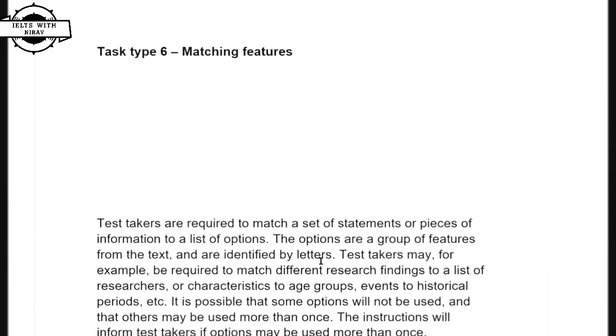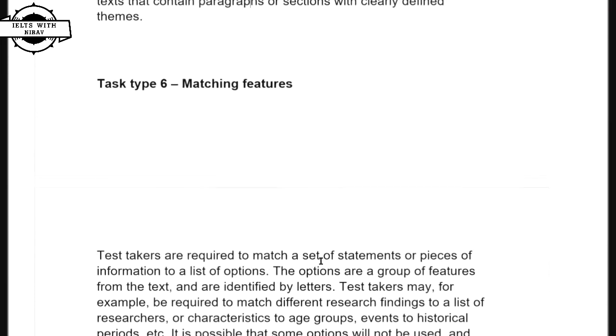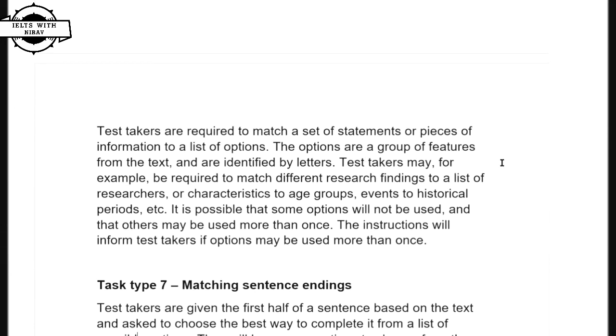So now we are moving to type 6. Type 6 is matching features. Test takers are required to match a set of statements or pieces of information to a list of options. In that case, you will have multiple options and you need to select one as your answer.